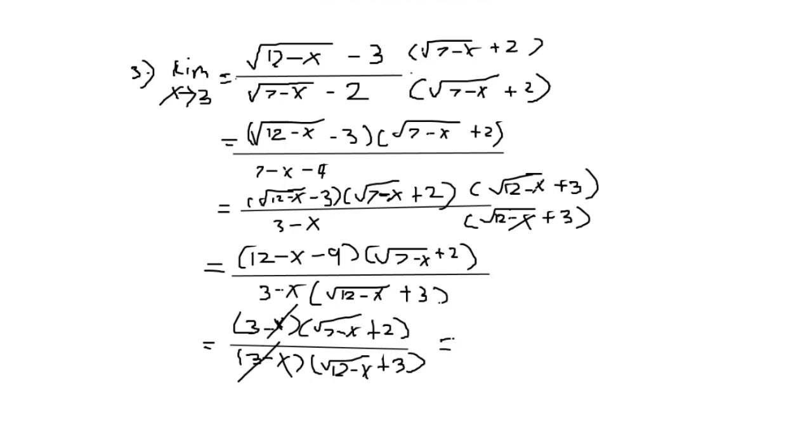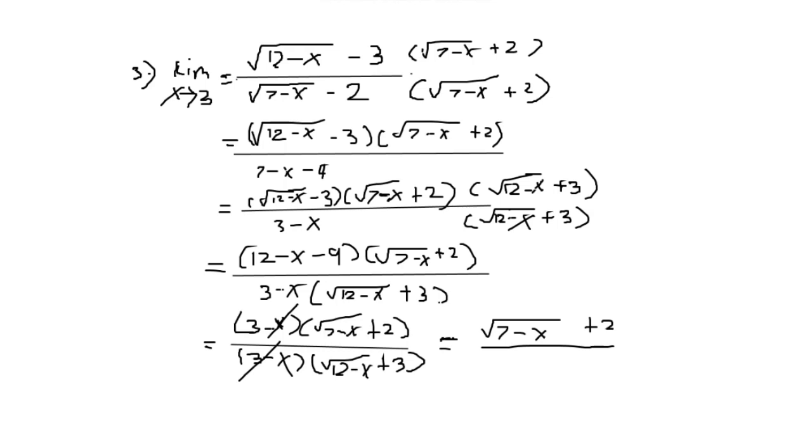So as you can see, we just cancel the same thing, yung same sa numerator and denominator. So now we have this. Square root of 7 minus x plus 2 divided by the square root of 12 minus x plus 3.